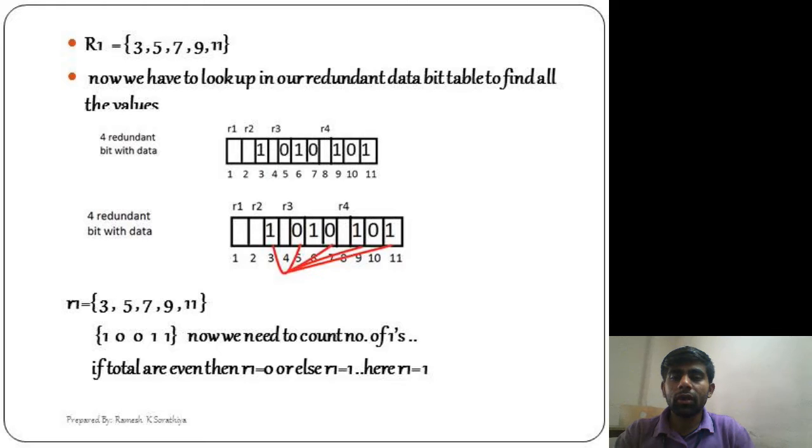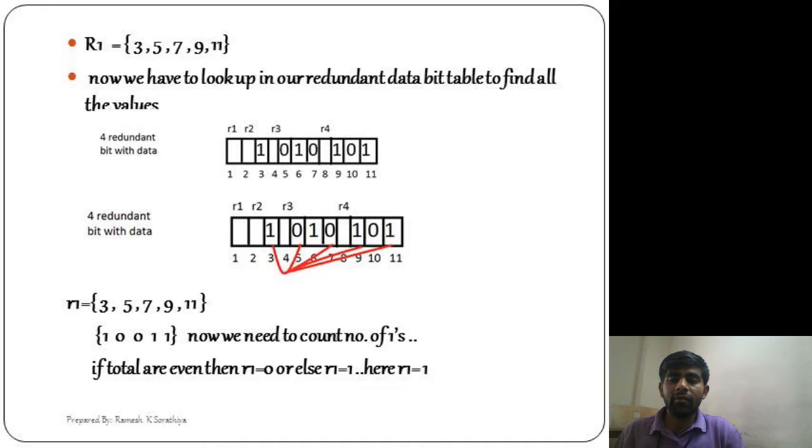Now we have to look up our data bit table to find all the values. R1 covers 3, 5, 7 and 9, so we can identify the values from the table. Our third element's value is 1, fifth element's value is 0, seventh element's value is 0, ninth element's value is 1, and the 11th element's value is 1.